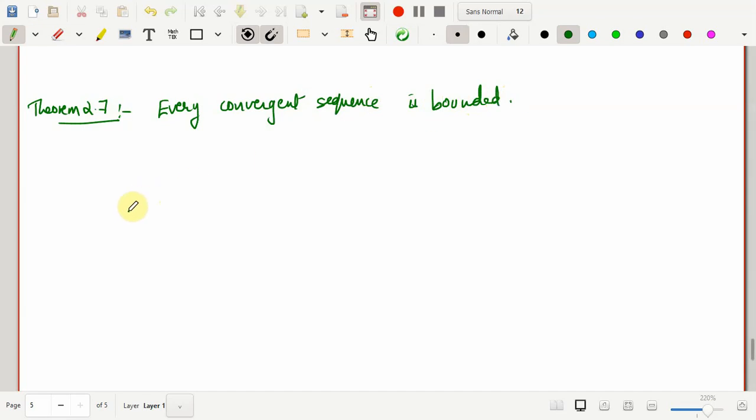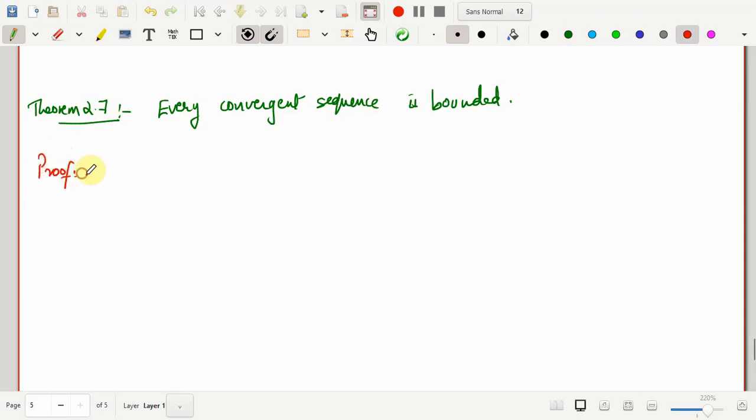Okay, and we would show that the converse of this is not true. That is, if the sequence is bounded, then it need not be convergent. From the above examples, you can very easily produce one such example of a sequence, and by now it should be clear in your mind too. So let us prove this first, and then get to the remark which says that a bounded sequence need not be convergent.